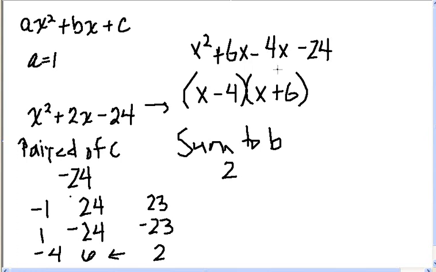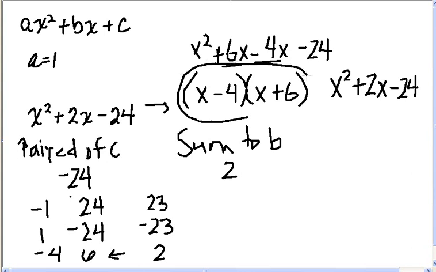Combining like terms, in other words combining 6x and minus 4x, I now get back to the original problem, which is x squared plus 2x minus 24. And what that confirms is that these are my factors.